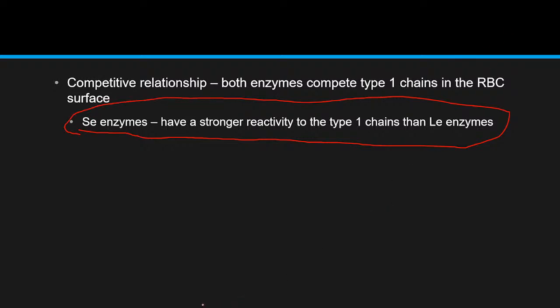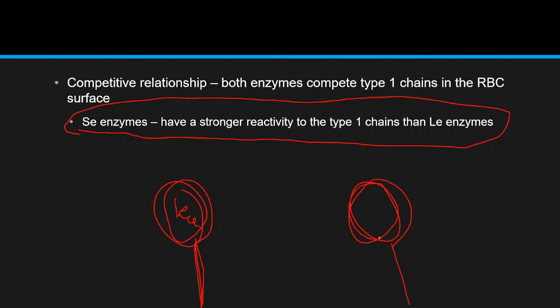So therefore, for example, in your RBCs, you will have LEA in some parts of your RBCs. Let's just say you have LEA here, and then most of them will have H antigens.